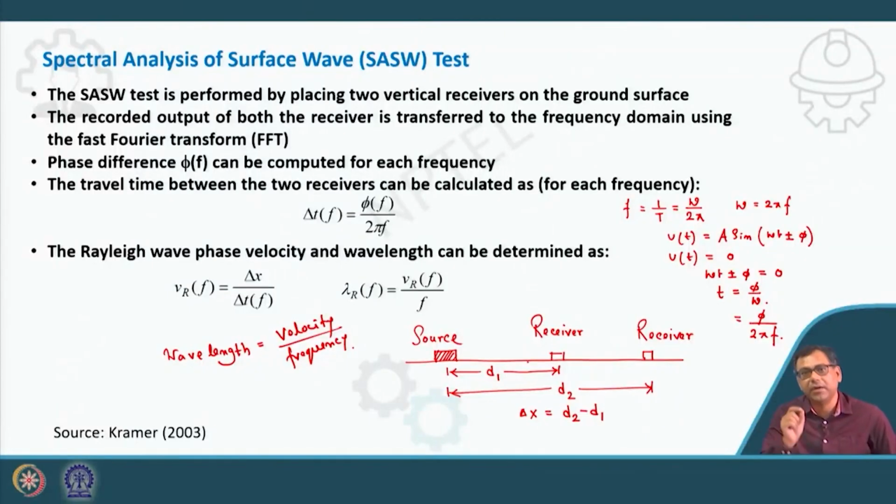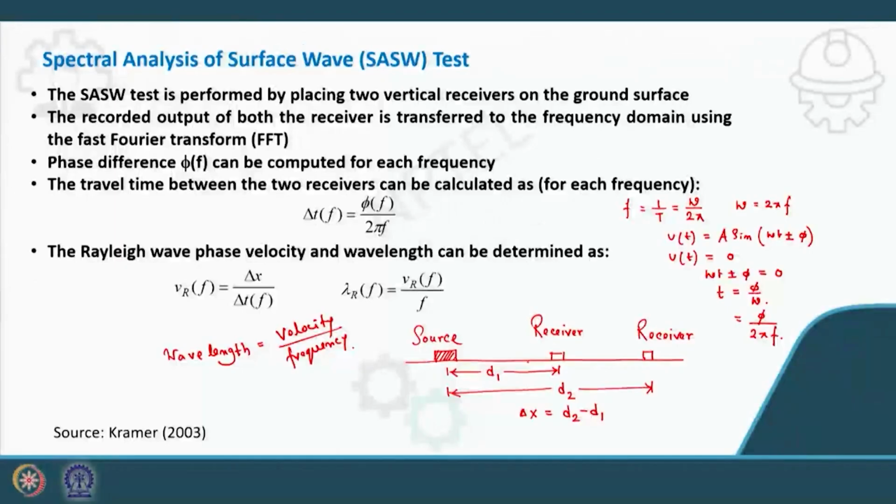So you will go from time domain to frequency domain, then you will get the phase difference for each frequency and then follow the other steps. And now if you come back from frequency domain to time domain again, then you have to go for the inverse fast Fourier transform or IFFT.